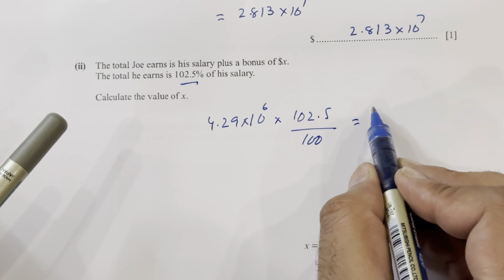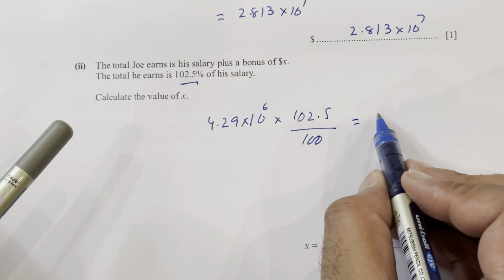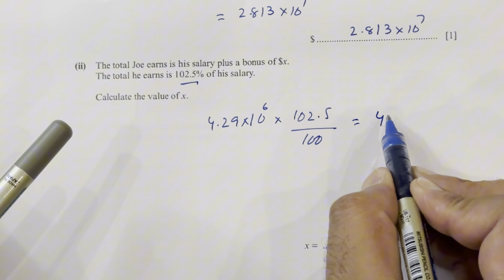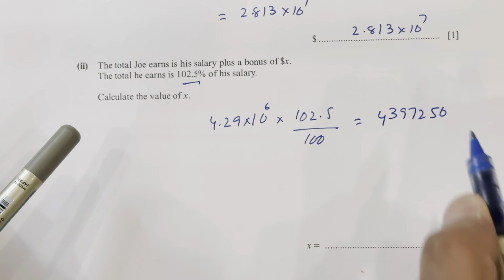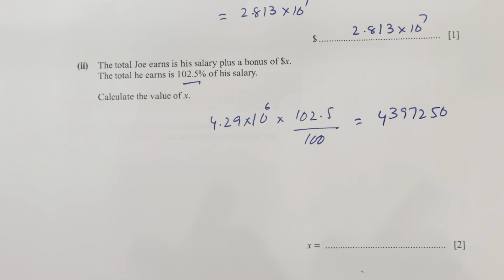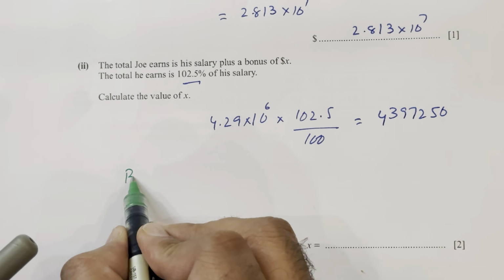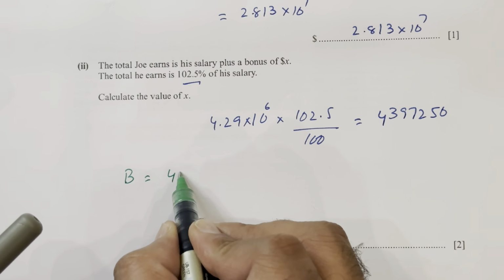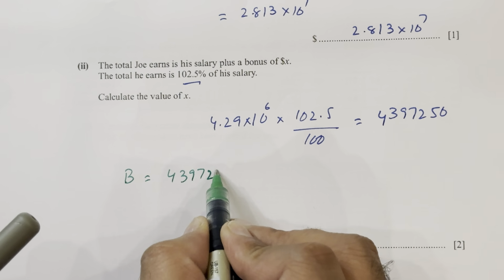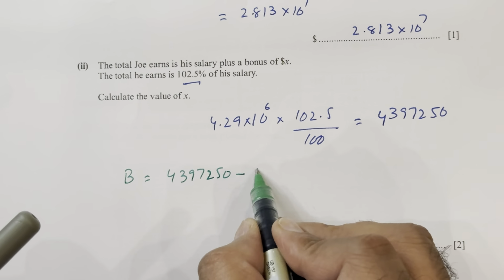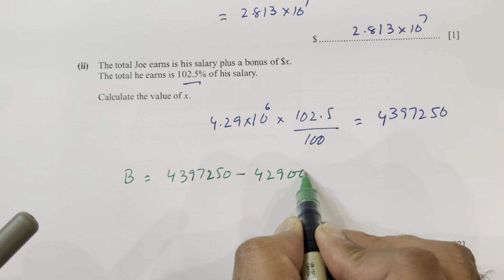After taking the value we get the answer that is equal to 4,397,250, and this is how we can get the bonus: 4,397,250 minus 4,290,000, his salary.